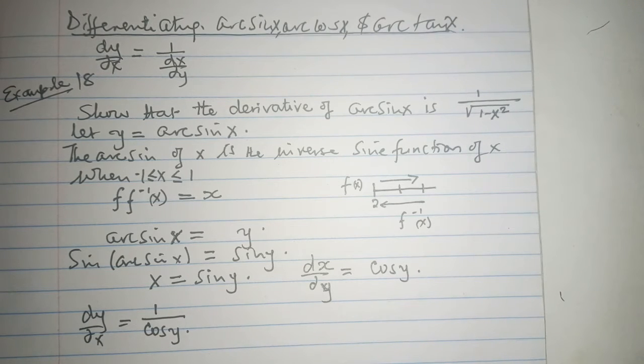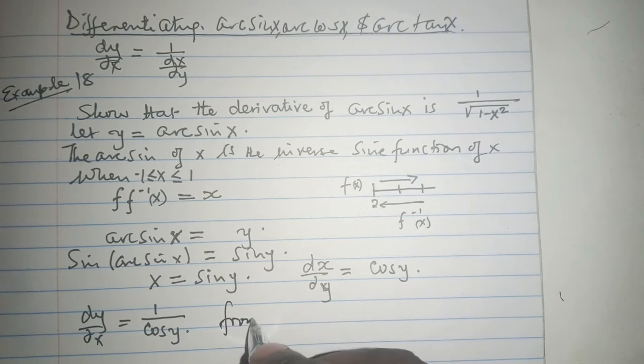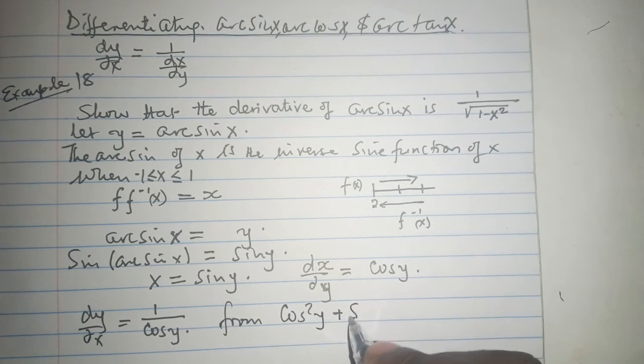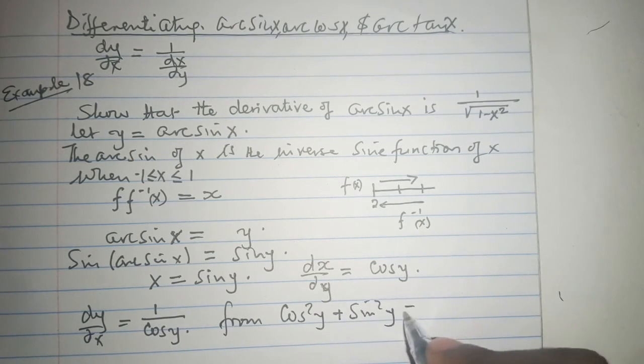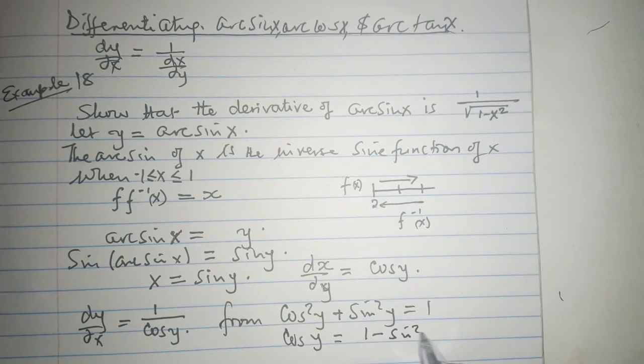But we know a very fundamental trigonometric relationship: cosine squared of y plus sine squared of y equals 1. We can make the cosine of y the subject of the formula, which is the square root of 1 minus sine squared of y.